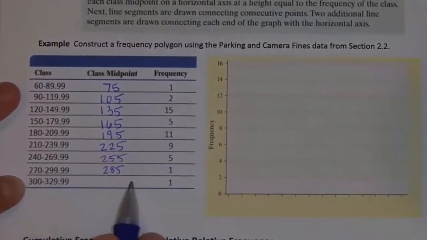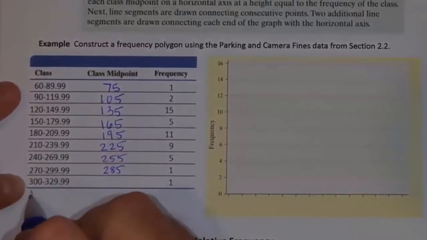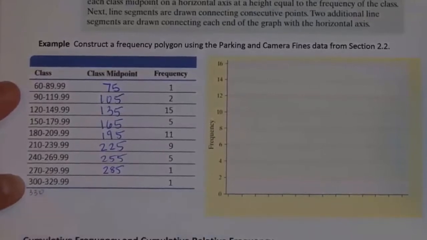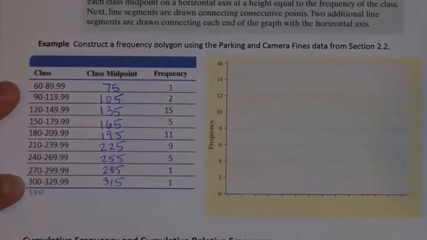And then for the last class, we end that class at 329.99, but the next class, if there was a next class, would start at 330. And so if I average 300 and 330, that would give me 315.